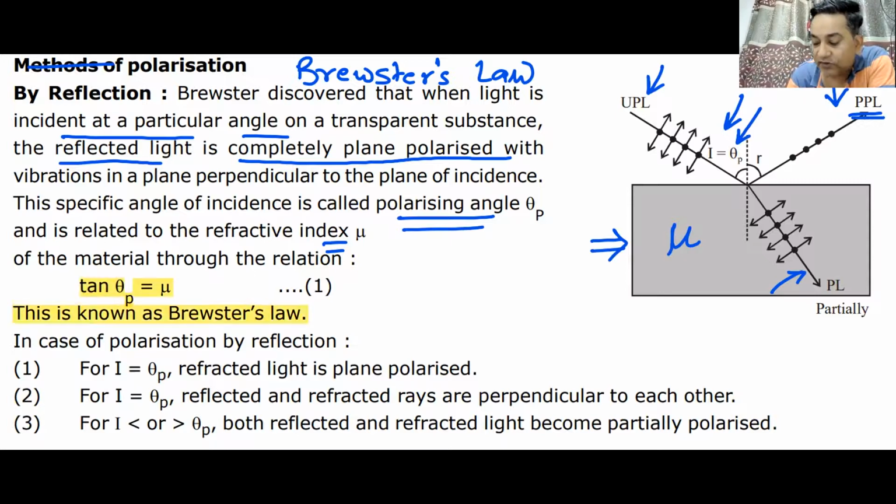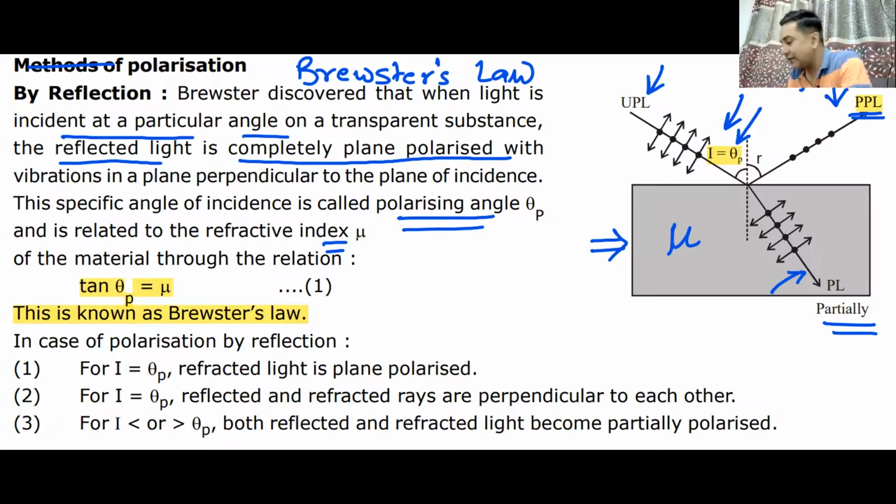So basically, what is Brewster's law saying? If the angle of incidence is the polarizing angle, your reflected light will be plane polarized, whereas your refracted light will be partially polarized. Remember, we cannot polarize the refracted light, but we can polarize the reflected light.